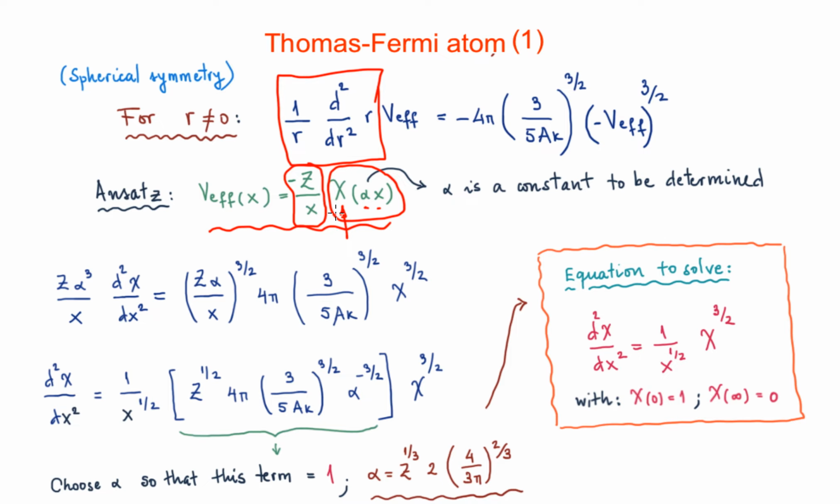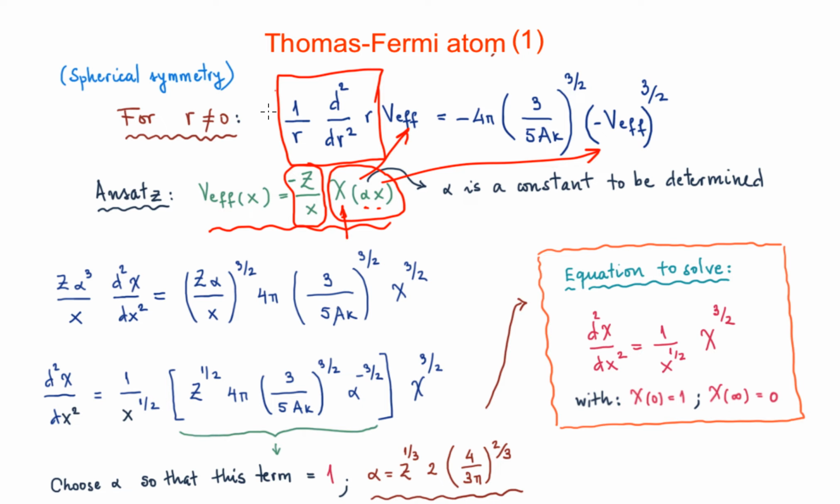If we write the effective potential in this way, and we want to specify the equation that this t function satisfies, what we have to do is insert the effective potential, written in this way, here.